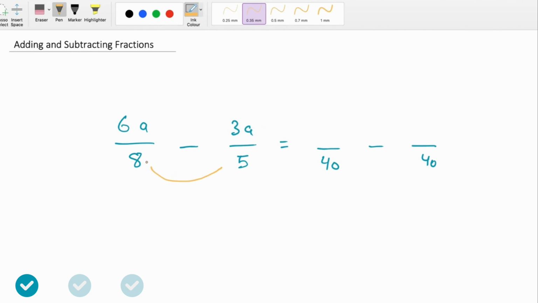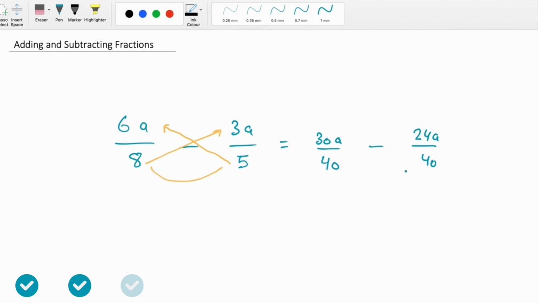So this 8 will multiply with this side over here, and this 5 will multiply with this side over here. If we go ahead and do that, we get 6a times 5, that gives us 30a, and on this side we get 3a times 8, which gives us 24a.